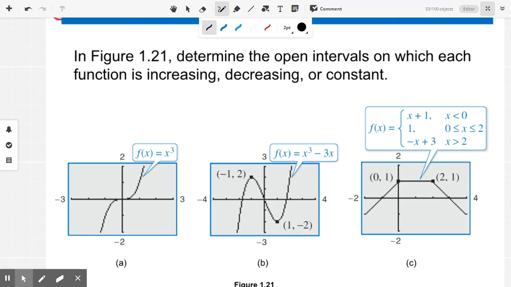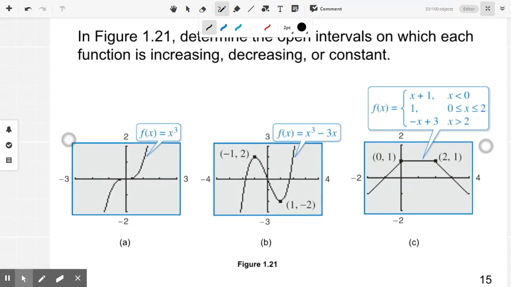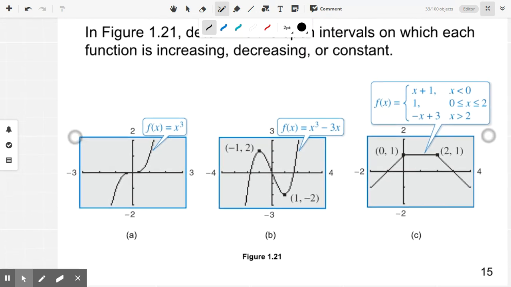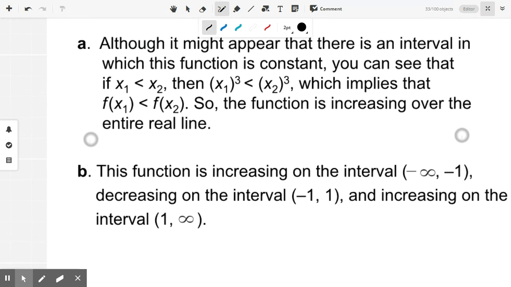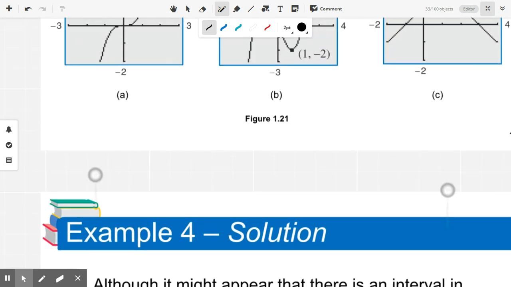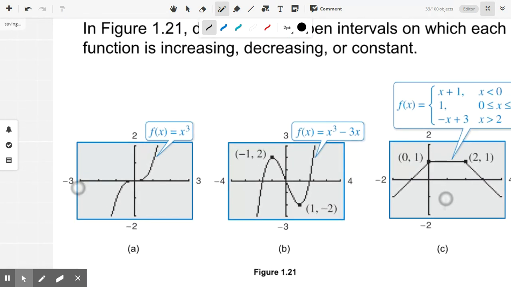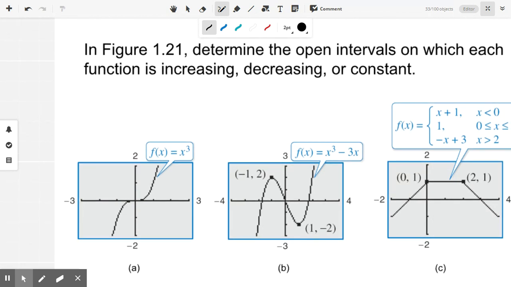So determine the open intervals on which the function is increasing, decreasing, or constant. All right. So notice, and this is what I was talking about a minute ago, open intervals, that means we're going to have parentheses on our intervals, not including the point. We're just talking about the area that it's increasing. All right.